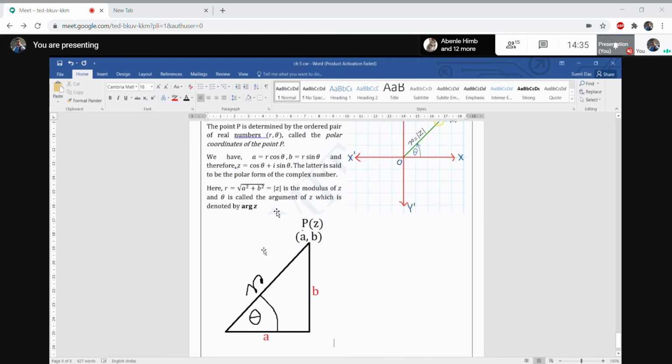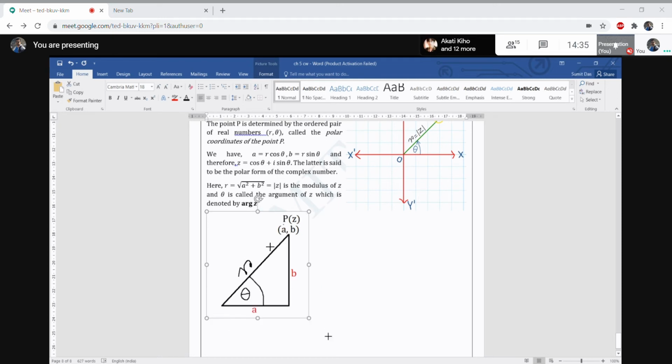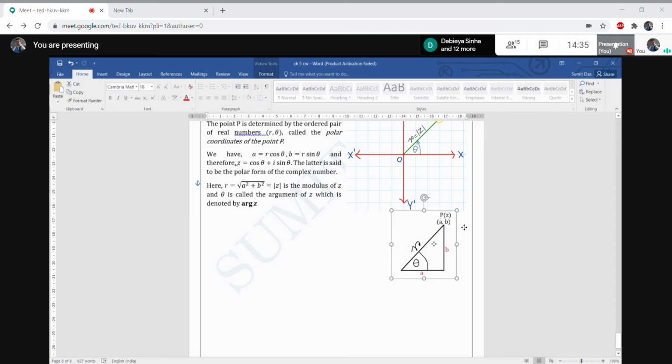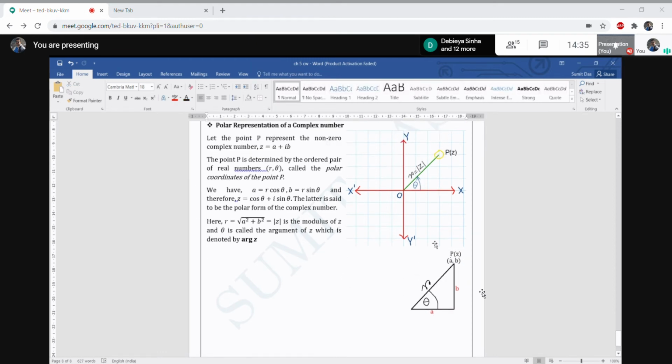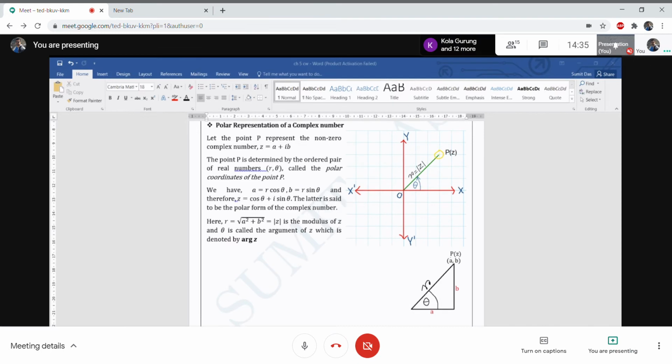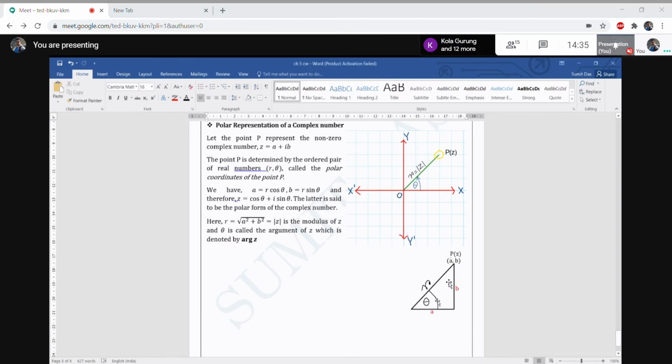Okay, just check this diagram. I'm drawing this diagram here. If you draw a perpendicular from P on the x-axis, suppose here. Understood? So now look at here.